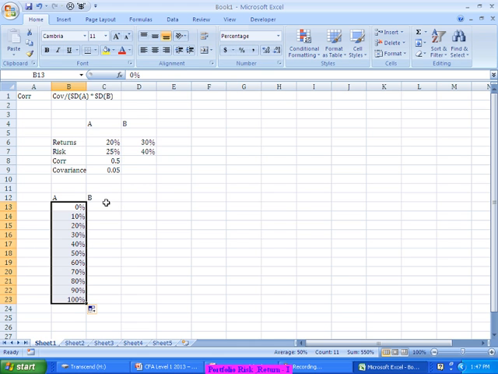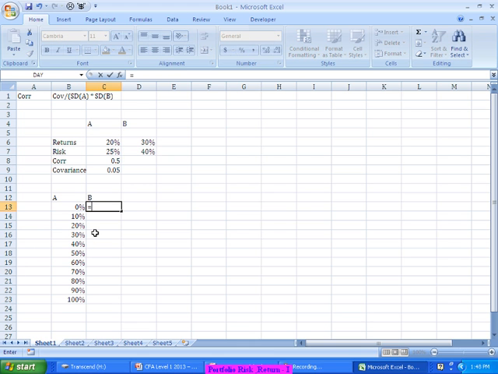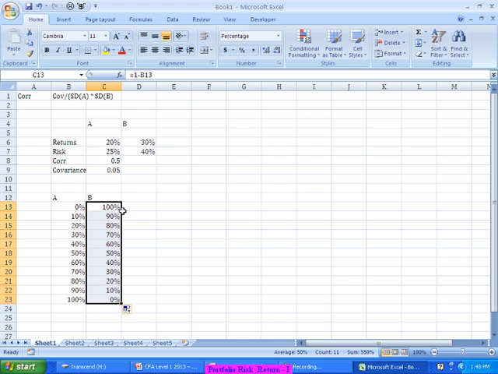If I put 0%, then in B I may have to put 100%. So I am taking all these as different possibilities. Though there may be many other possibilities, I am just looking at a few of them. As an investment decision, I can go for a 0-100 or a 30-70 or a 50-50 or a 70-30 or 80-20, whatever it is.